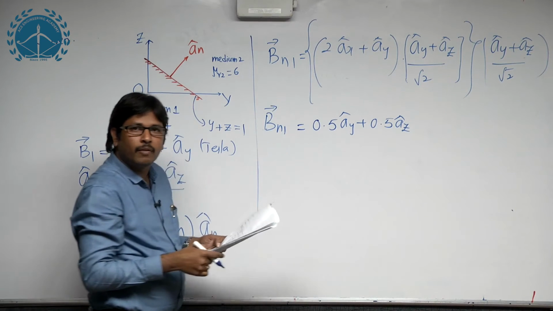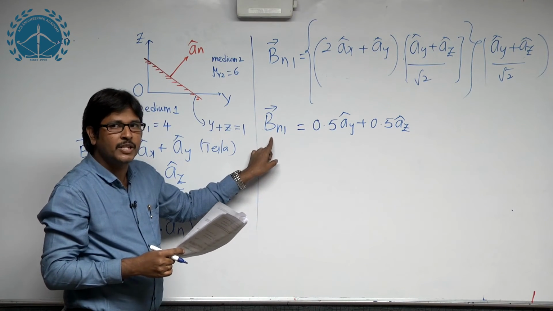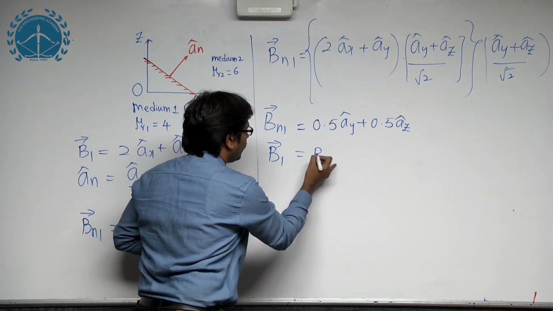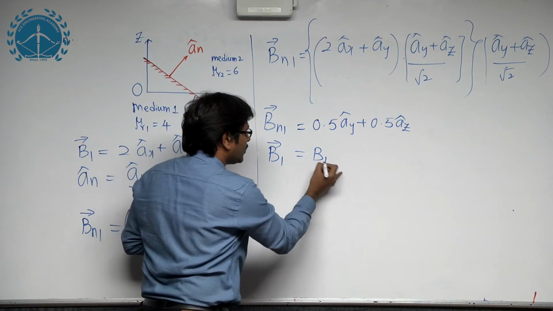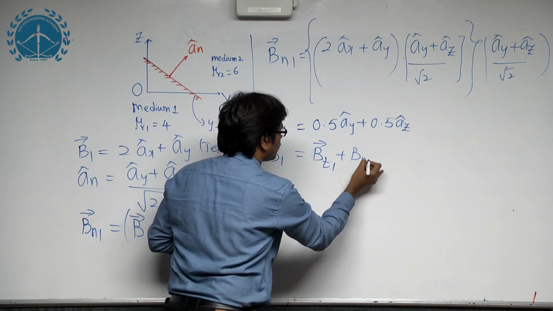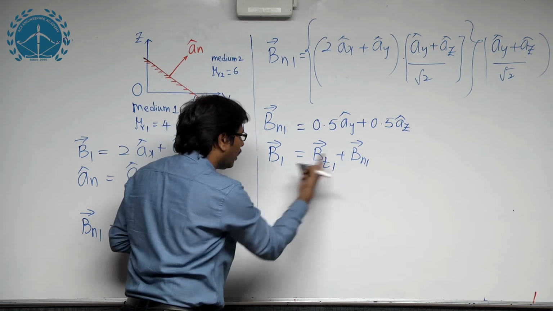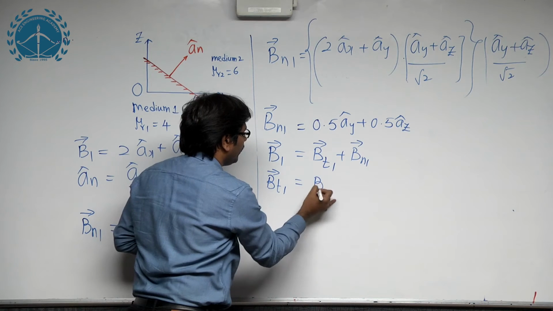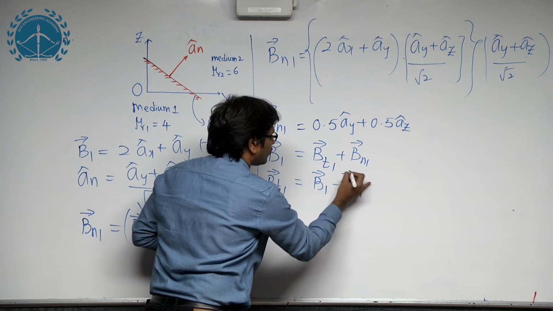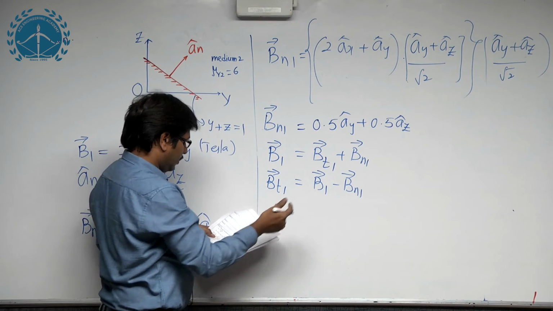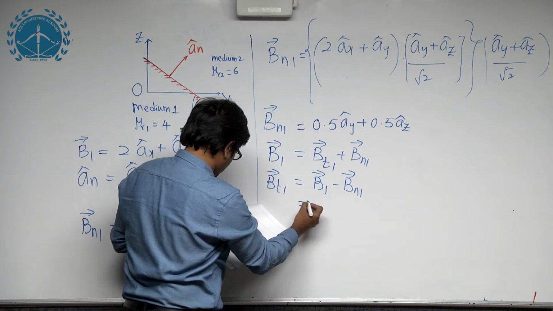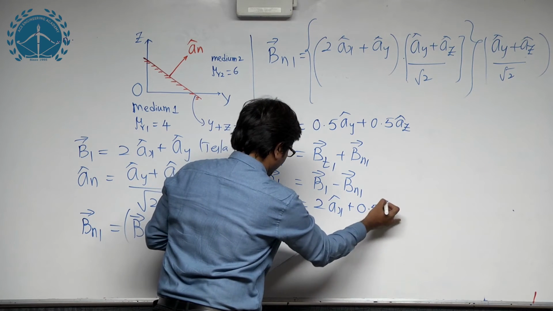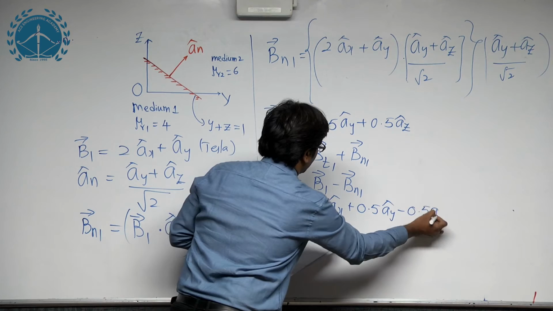Once we know this Bn1 bar, we can compute Bt1 bar also. B1 bar in general is the vector sum of the tangential and normal vector components. We know Bn1 bar, and B1 bar is given, so we can compute Bt1 bar as B1 bar minus Bn1 bar. While simplifying it, we will have Bt1 bar as 2Ax cap plus 0.5 Ay cap minus 0.5 Az cap.